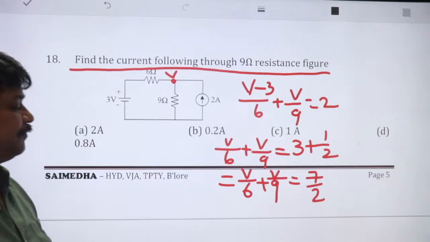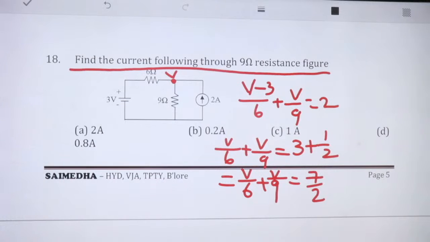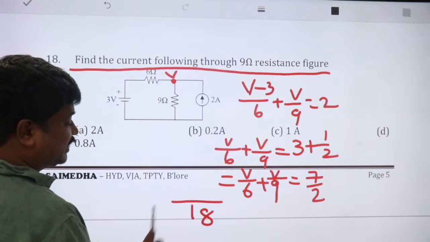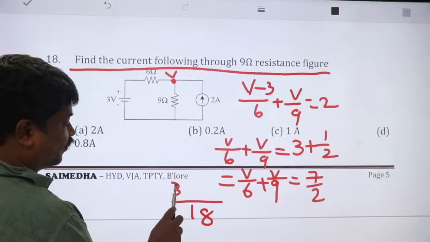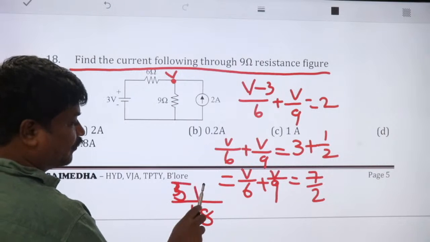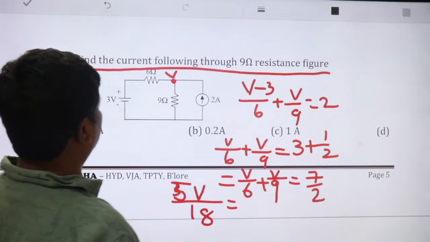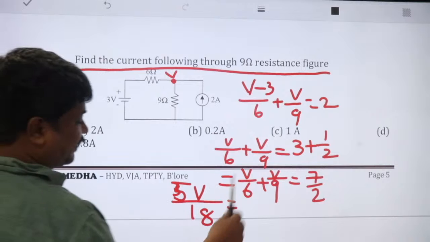Take an LCM. You take LCM as 18. What this becomes is 3 plus 2, 5V. How much is it? 7 by 2.